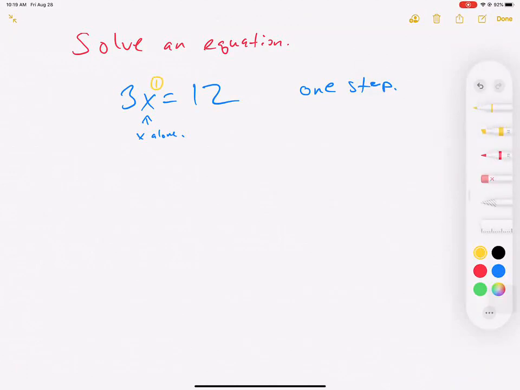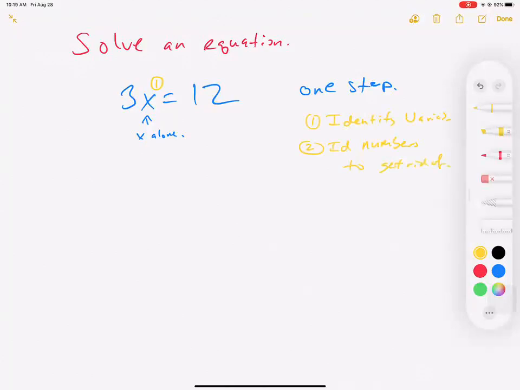And 2, identify the numbers to get rid of.